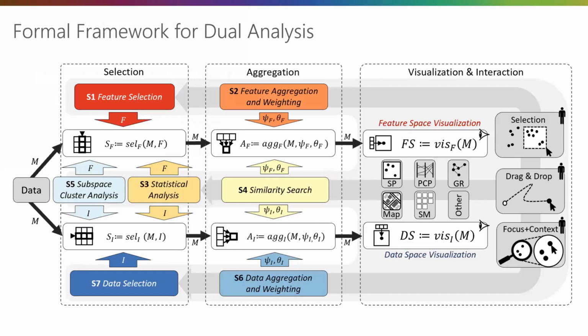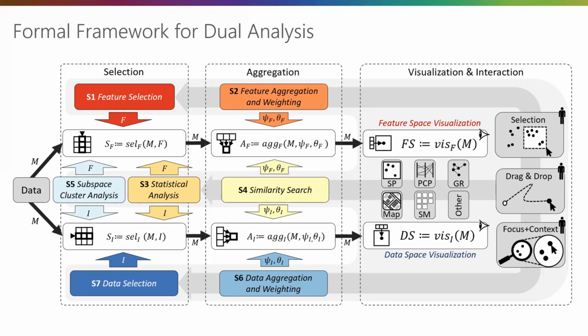So finally, here is the formal framework that we developed. We have here a couple of functions here that we describe in detail in the paper. I'm not going to cover this here in this presentation. Very shortly, we have in the colored boxes our guiding scenarios, where we cover feature selection, feature aggregation and weighting, statistical analysis, similarity search, subspace cluster analysis, data aggregation and weighting, and data selection.